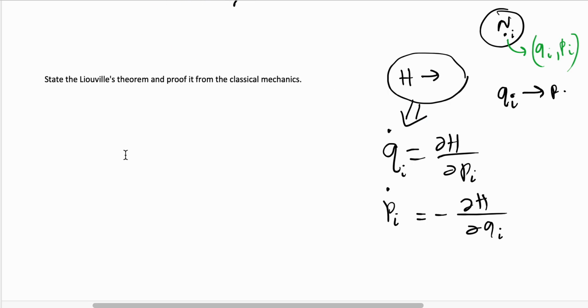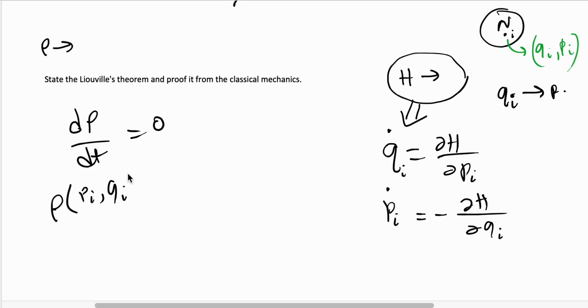Now the Liouville theorem states that if rho is the density in phase space, then del rho by del t will remain 0. What is rho? Rho is a function of these pi and qi.